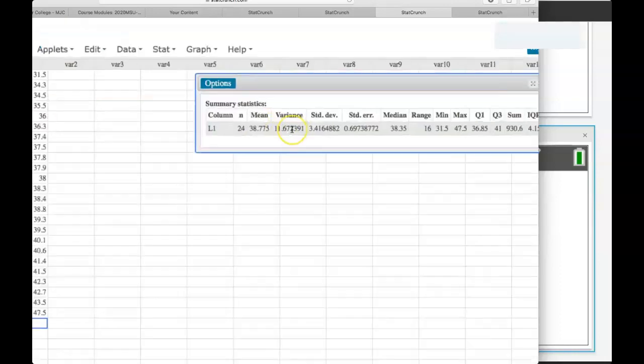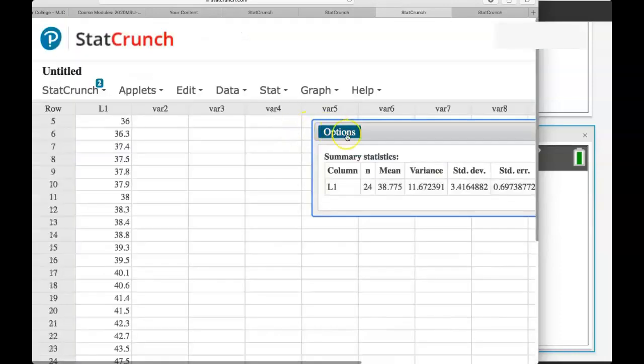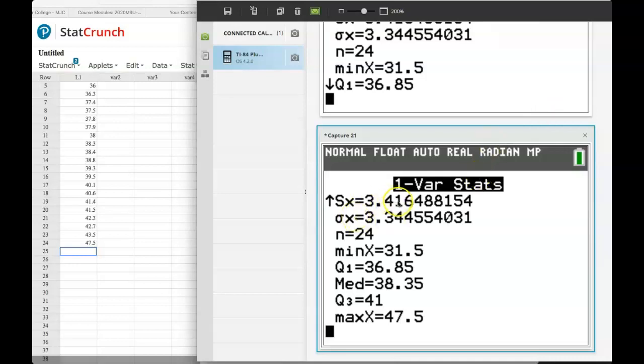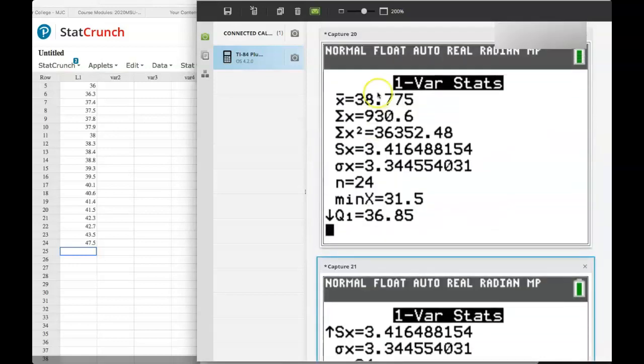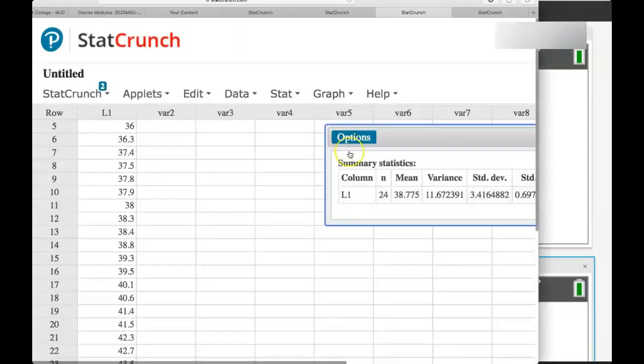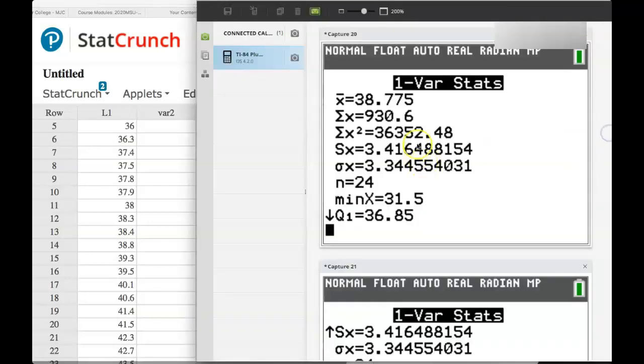Here is what we have. Here mean is 38.775. We had exactly the same thing here, 38.775. Standard deviation is 3.4164882, so on StatCrunch they rounded.